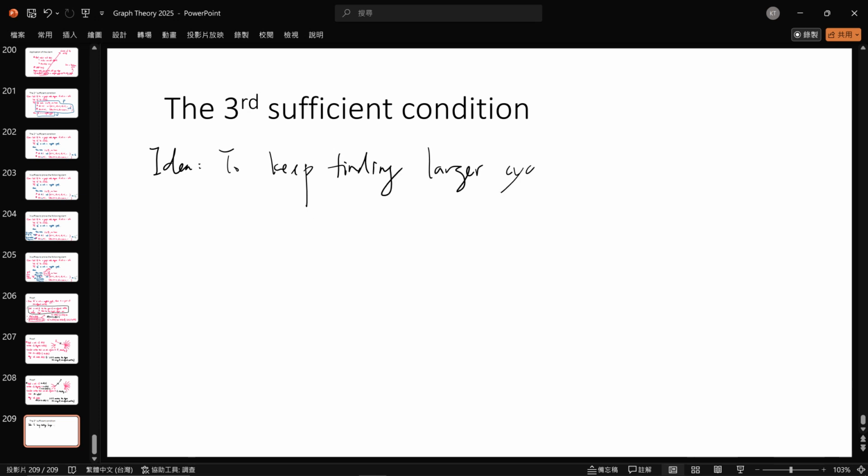larger cycles, okay? And we don't need a maximal path. We just keep finding cycles after cycles. So whenever the cycle is not a Hamiltonian cycle, we try to find a larger cycle.